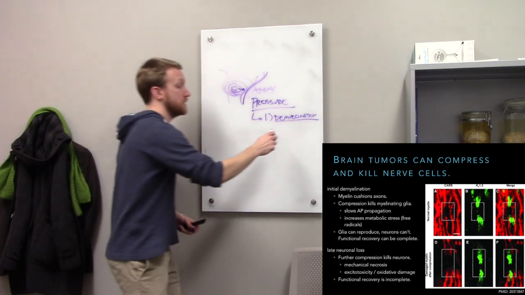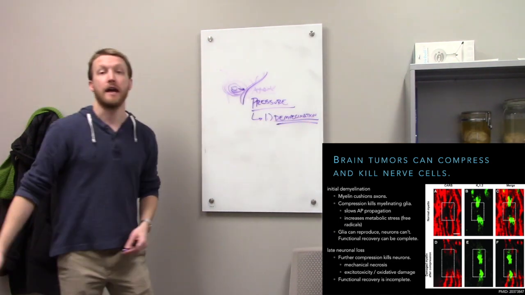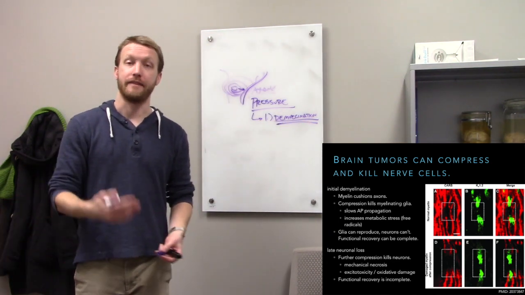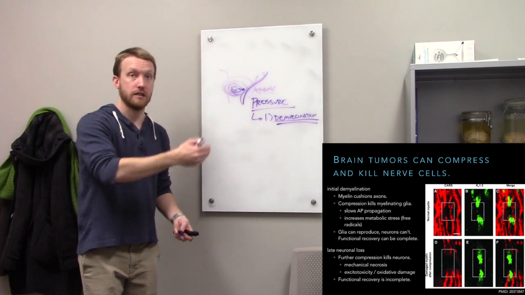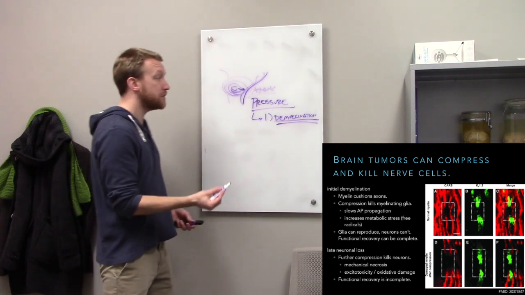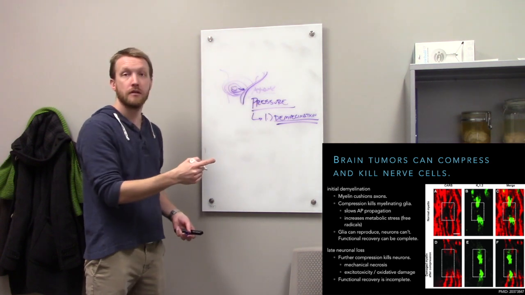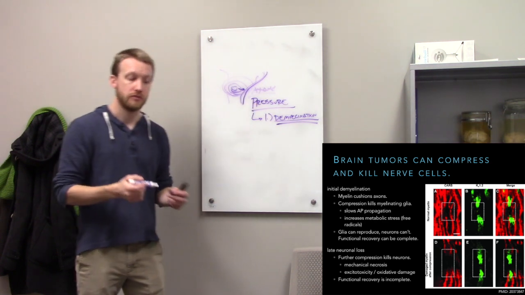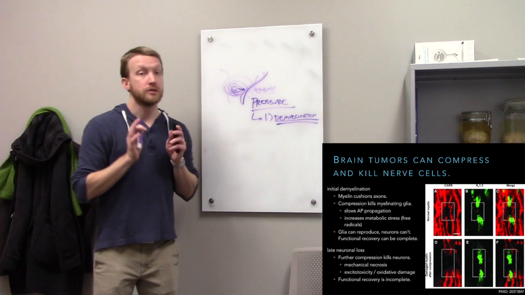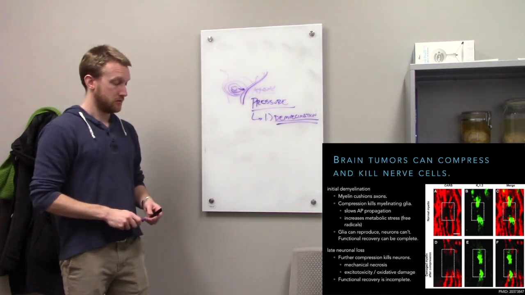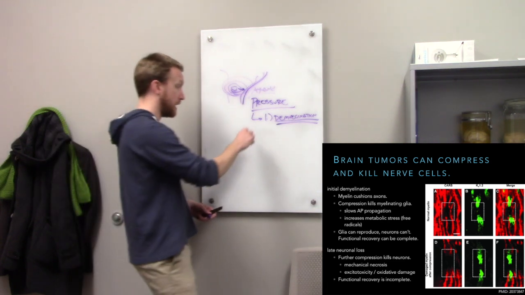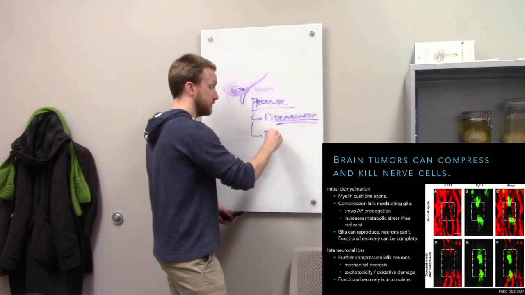What you're seeing is demyelination as a result of pressure. And that's what happens in our heads as well. This is fine because glia aren't postmitotic, so they can make more themselves. It's possible for remyelination to occur. If we lose neurons, then we're screwed. That's what happens with prolonged pressure.